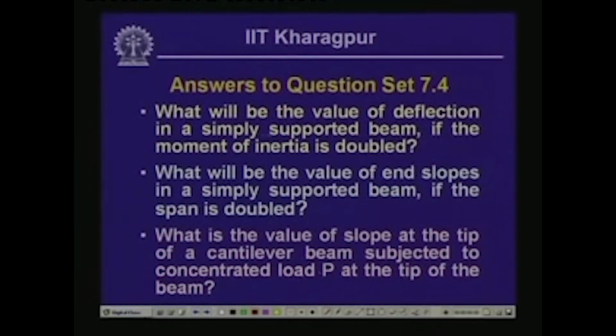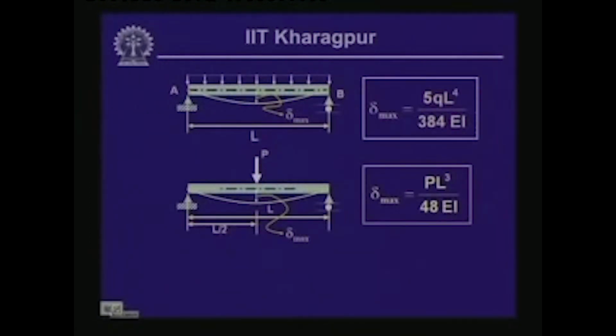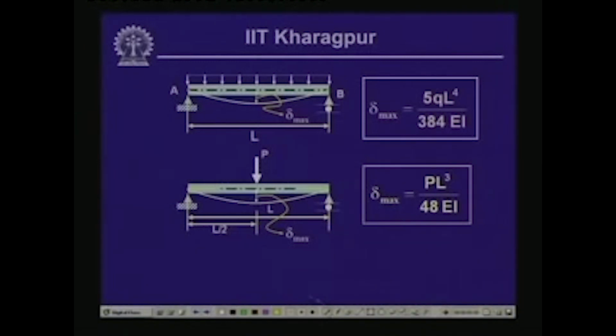The first question was, what will be the value of deflection in a simply supported beam if the moment of inertia is doubled? You must have noticed that while computing the deflection, we make use of the moment of inertia of the cross section, and these are the expressions for the deflection values which we evaluated in the previous lesson.